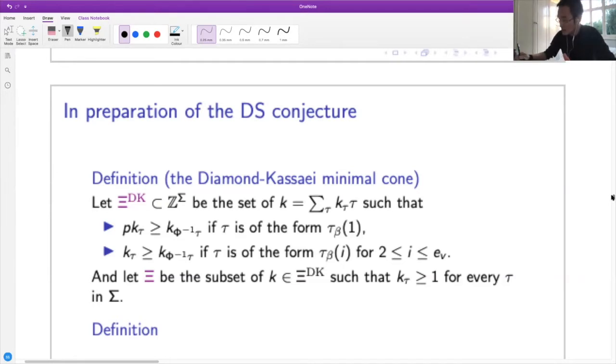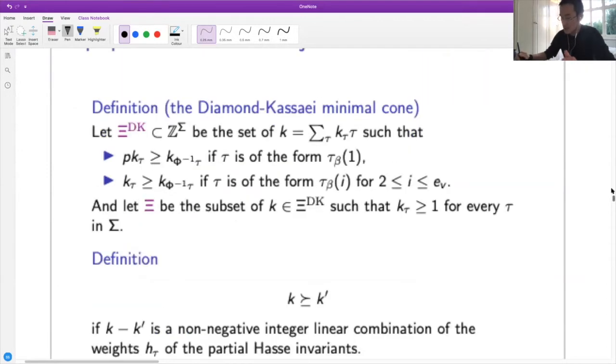So in preparation for that, I'm going to give you the following definition, which was introduced in Payman's talk. Let me just recall quickly what they are. So this was called C min in Payman's talk.